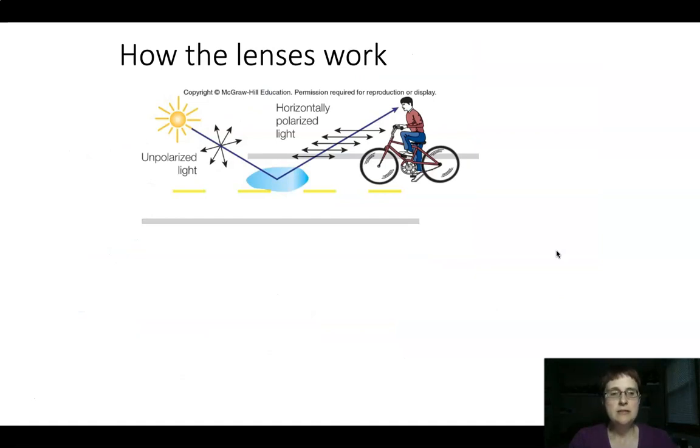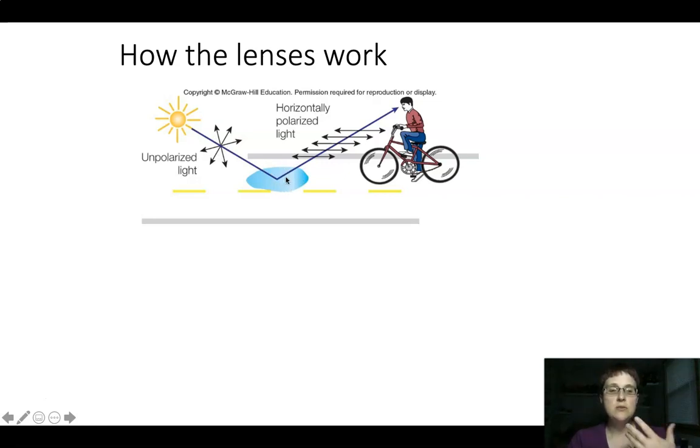So how do lenses in, for example, polarizing glasses or a polarizing lens in a camera work? What happens is you're usually using those glasses or lenses when you're working with something like water. And so water will polarize light because the sun comes in, it's unpolarized light, the sunlight hits the water.